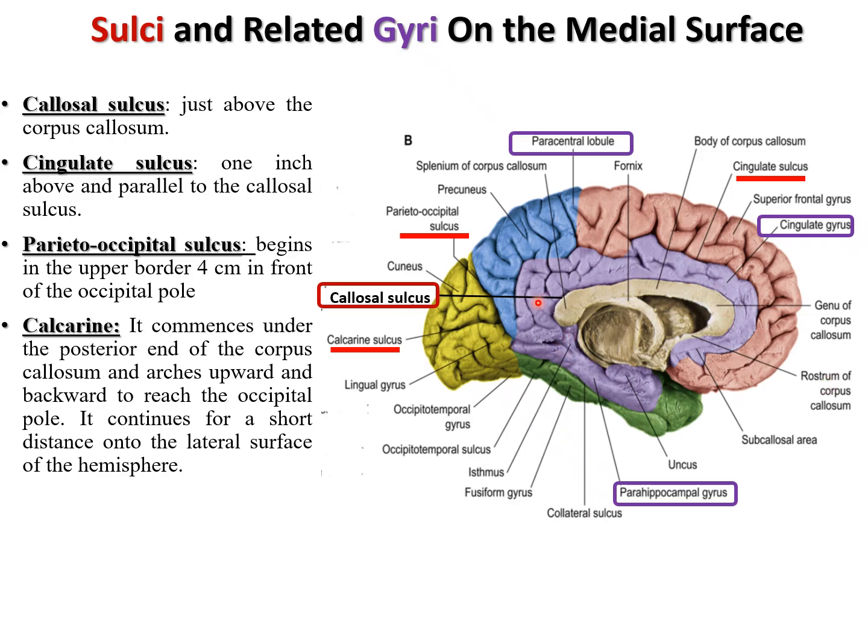Above it you can find the callosal sulcus, and above the callosal sulcus you can find this gyrus, which is called the cingulate gyrus. Also here you can find the parieto-occipital sulcus, and then this sulcus, which is important. We call it the calcarine sulcus. The area between the parieto-occipital sulcus and the calcarine sulcus is called the cuneus. It's part of the occipital lobe. Okay.